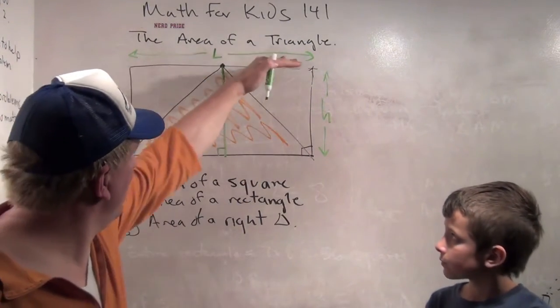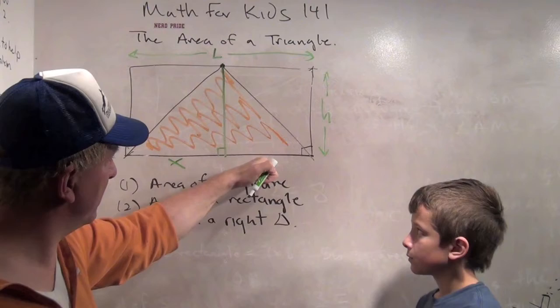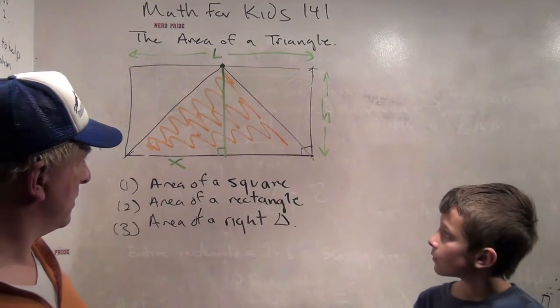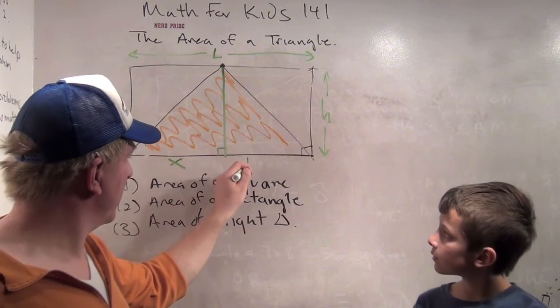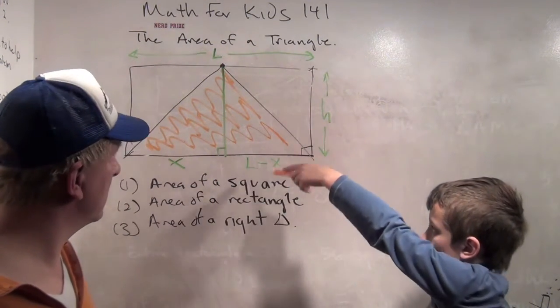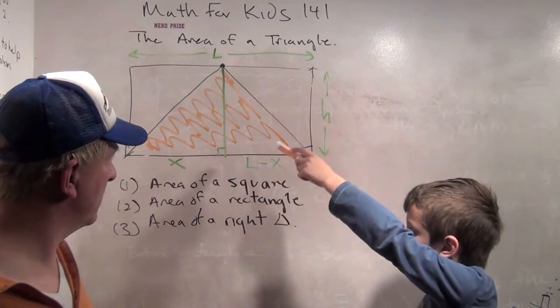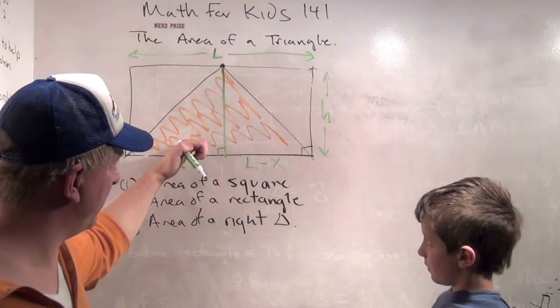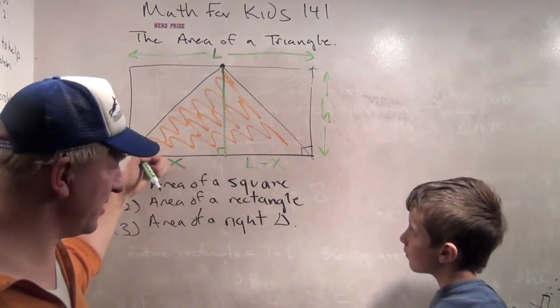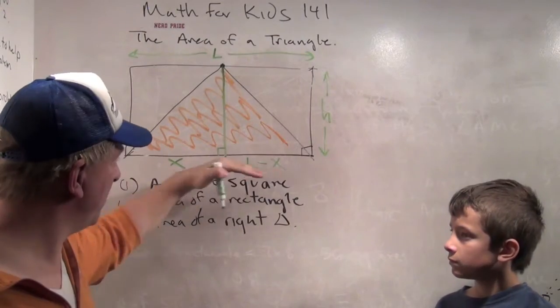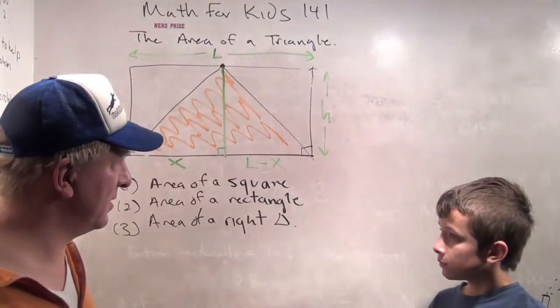If it used to be L across, and this part is X, what is this part over here? How long is that? It's L minus X. Great. How did you figure that out? Because you chopped it up, and it was L long before, and this part plus this part has to equal L, right? So L minus X plus X equals L.